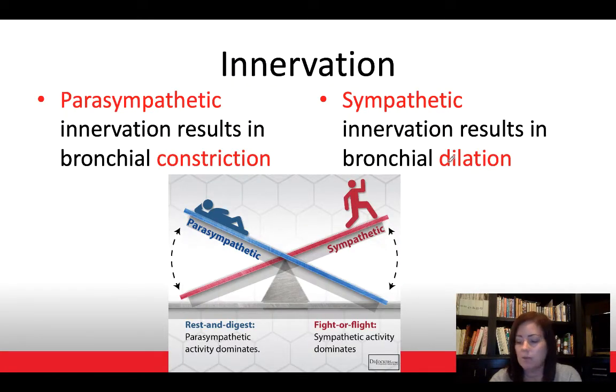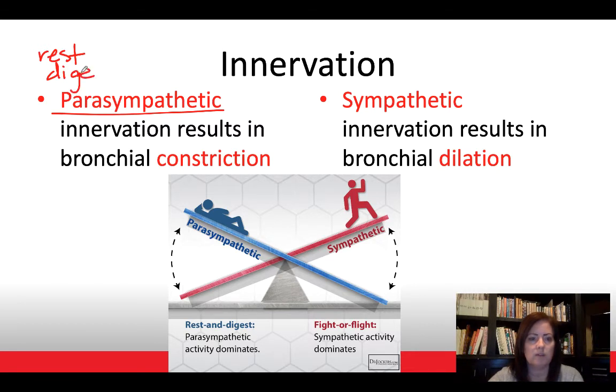Okay, lungs are innervated. So we have this whole aspect of sympathetic versus parasympathetic, and the same is true for the lungs. We see it here as well. If you recall, parasympathetic is rest and digest. So we're basically laying on the sofa, not doing much.